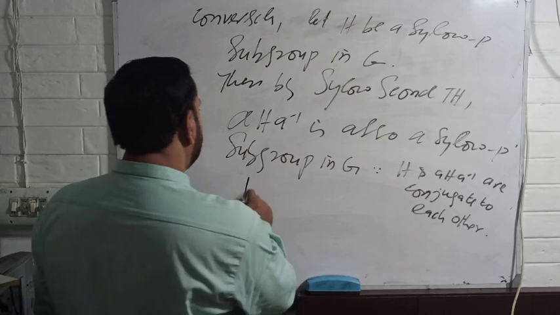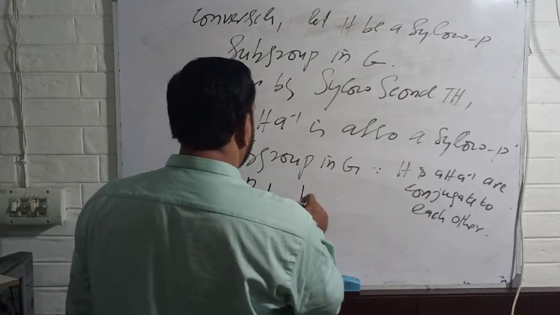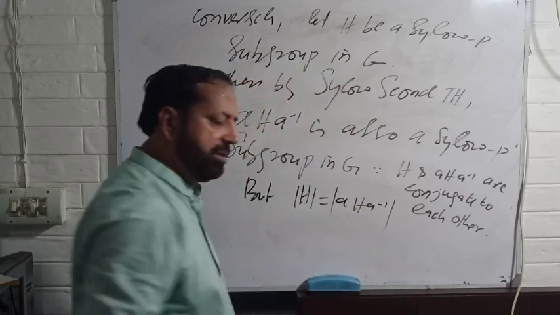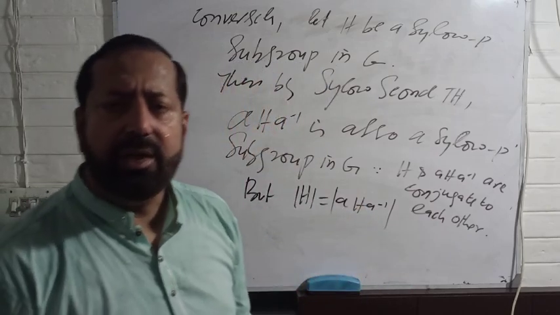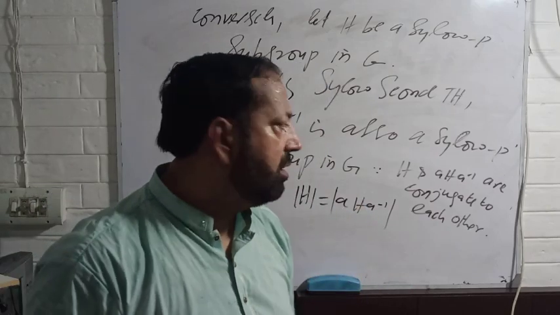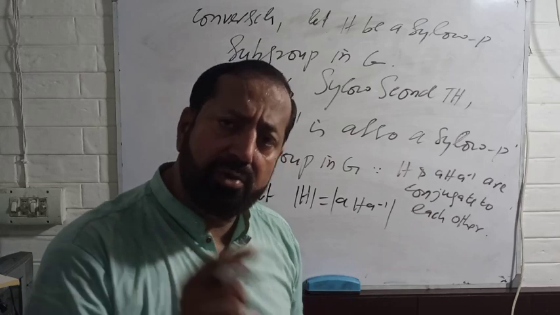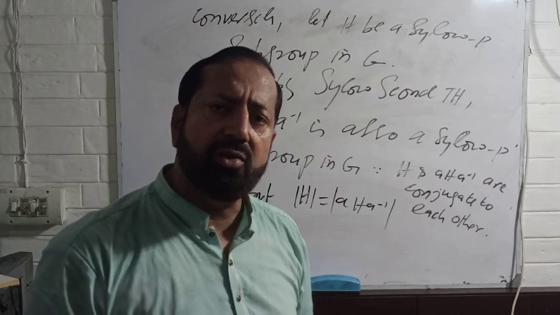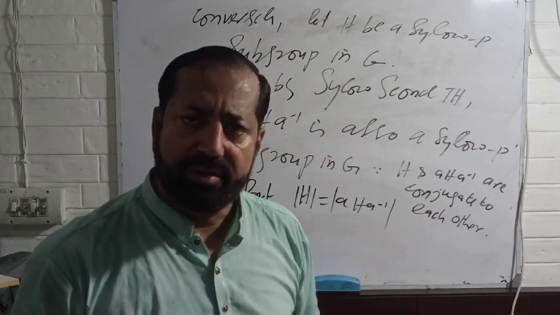But the order of H is equal to the order of AHA inverse. This is the simple information. You know that if two subgroups are conjugate to each other, then in fact they are isomorphic to each other. If they are isomorphic to each other, then their orders are the same.